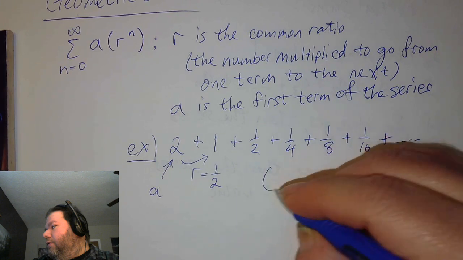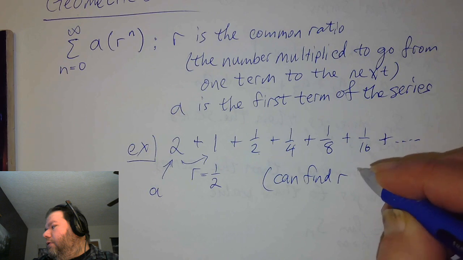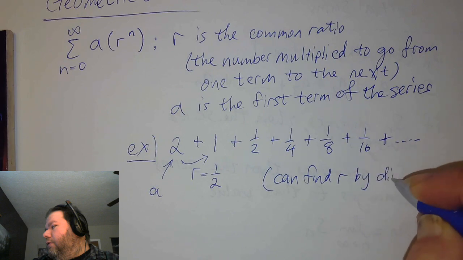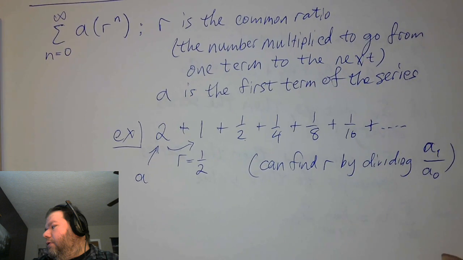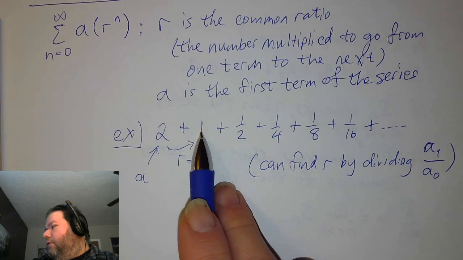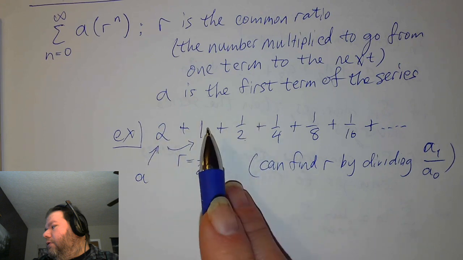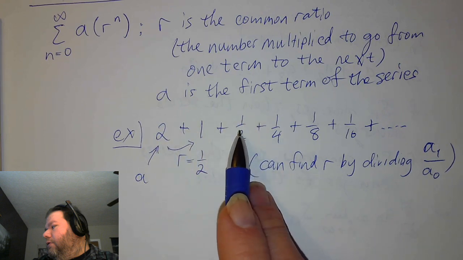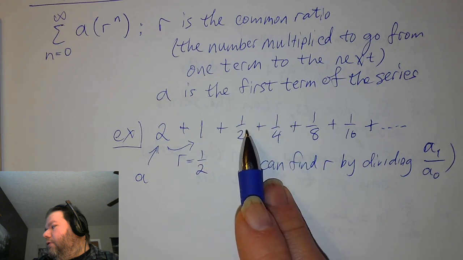Essentially, we can find r by dividing a1 over a0. Basically, taking this term divided by this term gives us the r value, because the same ratio should be true if we take a2 over a1, a3 over a2, and so on.